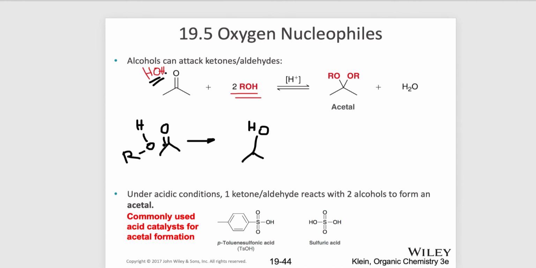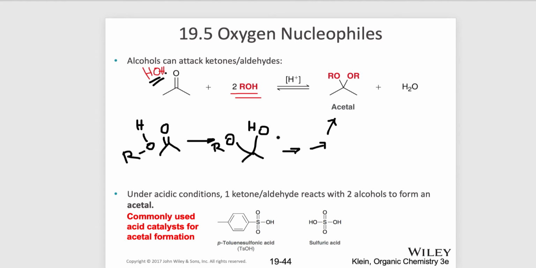Because the double bond has now been broken into two single bonds, we are now going to add OR. And this is your hemiacetal. In a sequence of steps, this OH group is going to turn into an OR group. So it's a lot more complex, but I just want to point out and visualize the overall outcome.